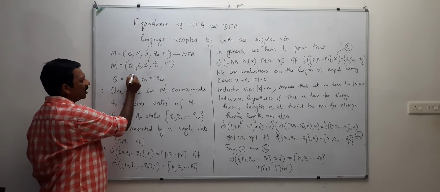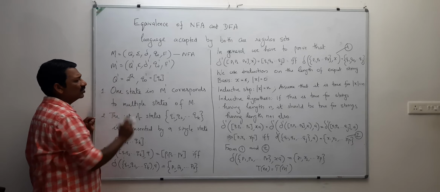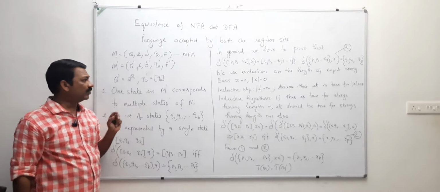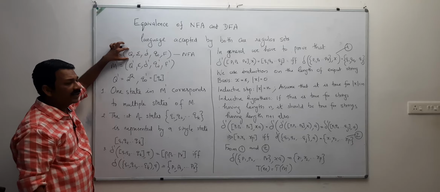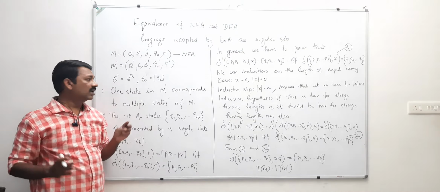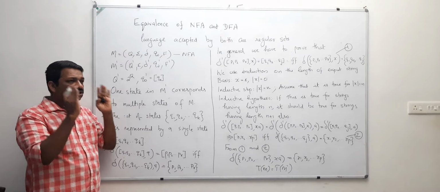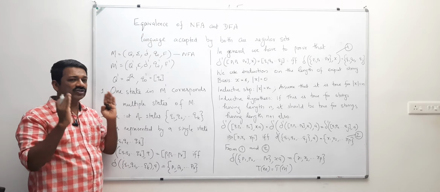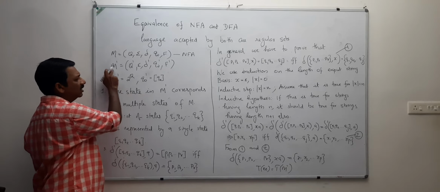You have to take the power set of Q, that is 2 raised to Q. Here n is equal to 3, so what is 2 raised to 3? That means 8 elements are there in the power set of Q, and each element of the power set represents one state in this DFA.